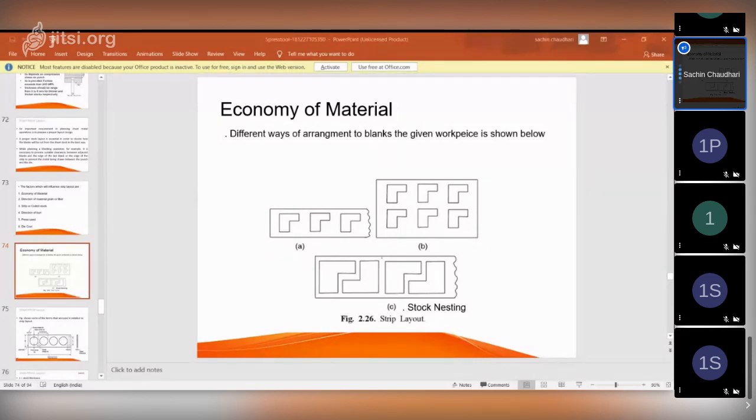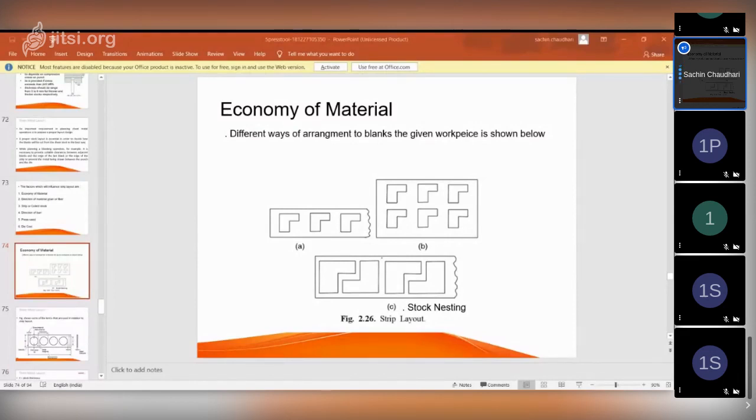Okay, so these are different layouts showing the proper arrangement of your blanks, and the aim of this sheet metal layout is that the minimum percentage of scrap should remain. Okay, so it will affect the cost also. But sometimes it depends upon your mass production also, guys.